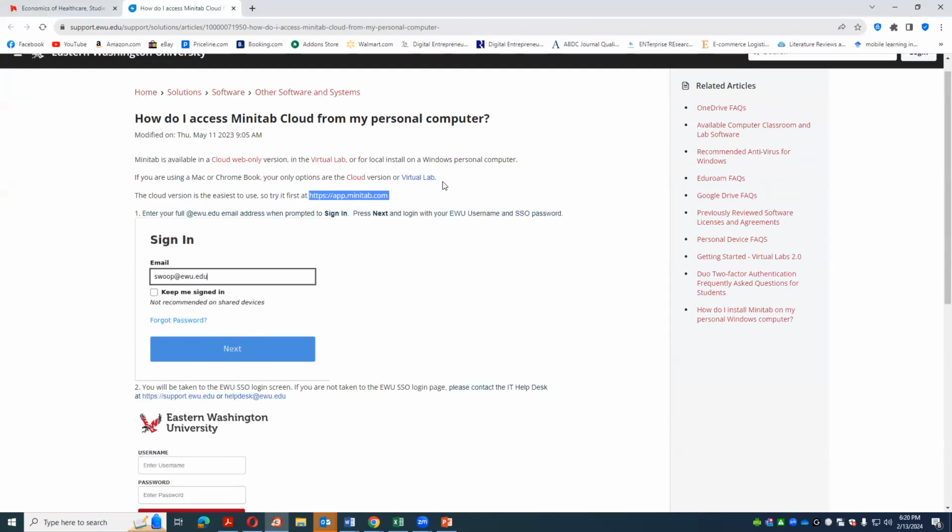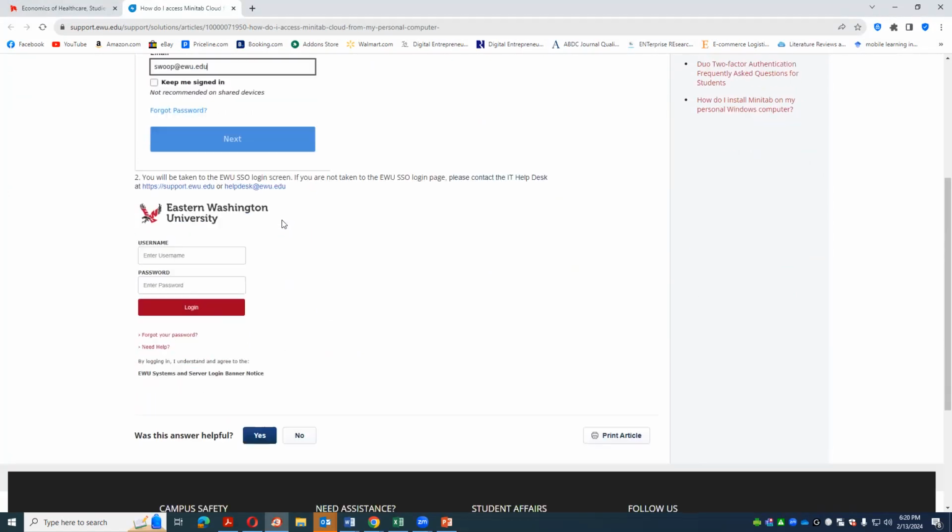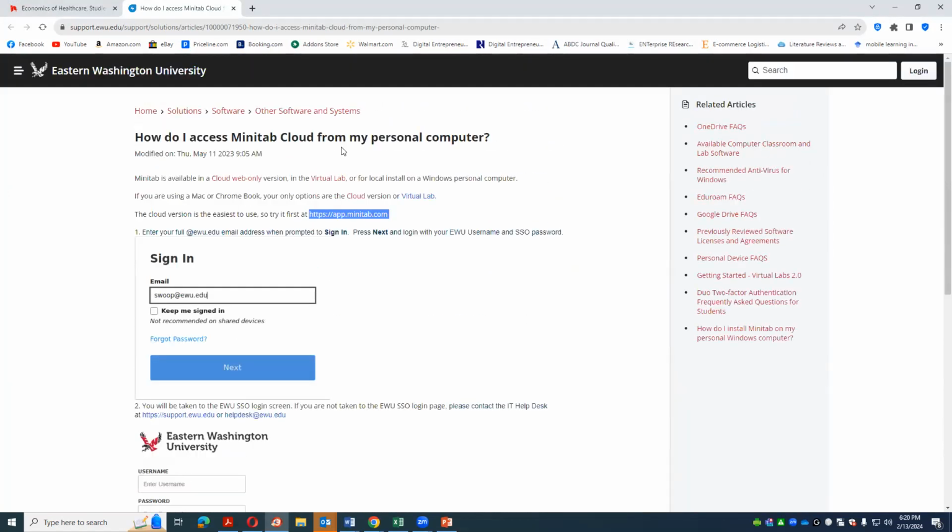So there are two other options, but if you are a Windows user, you can download it on your computer and start doing that. You need to use your EW email and password, and this is the way to access it.